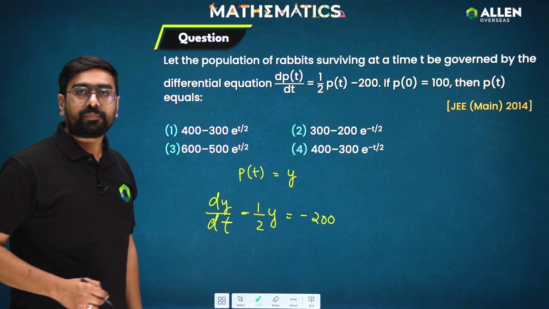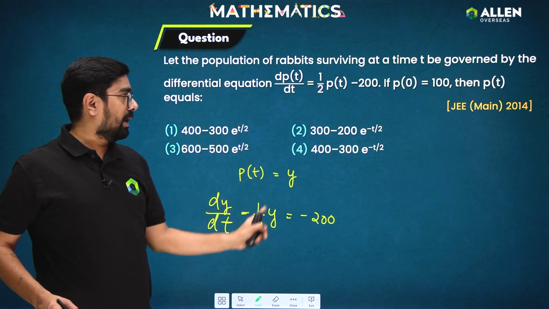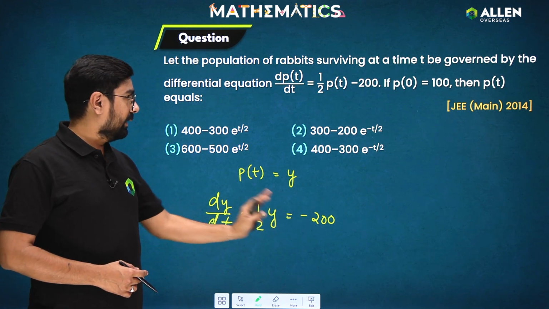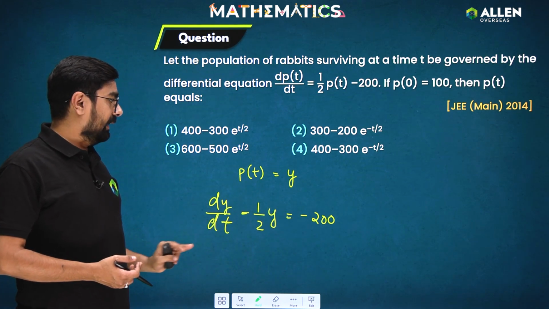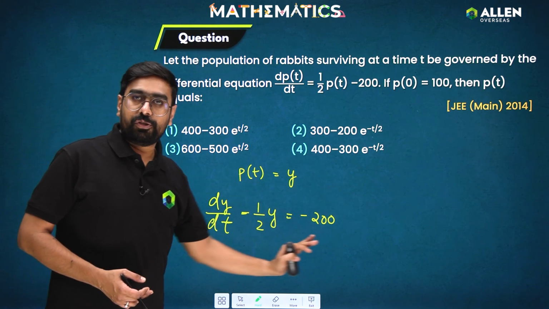I can write this much. dy by dt minus half y is equal to minus 200. This I can simply write, and from here only, now I just need to find the general solution.